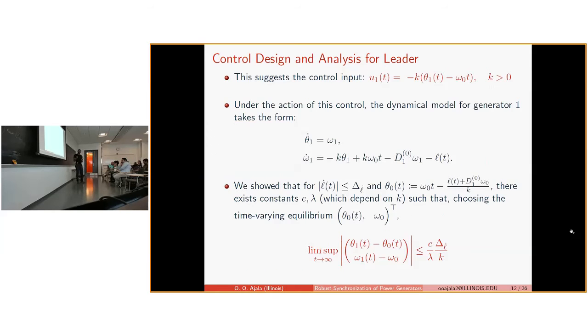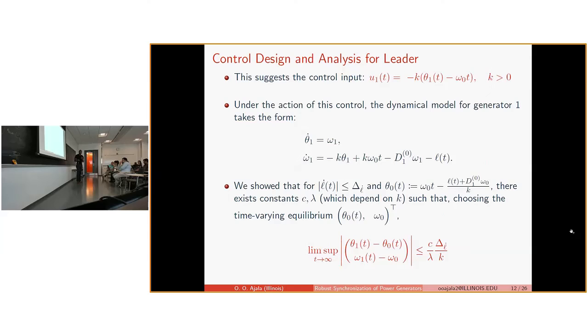And this control objective suggests the following control input. This is simply an integral control. And so under the action of this integral control, the dynamical model for generator 1 takes the following form. And in this work, we're able to show that if the rate of change of the load is constrained as follows, and the initial value of theta is the following, you can get this by setting the derivatives to 0 and solving for theta.